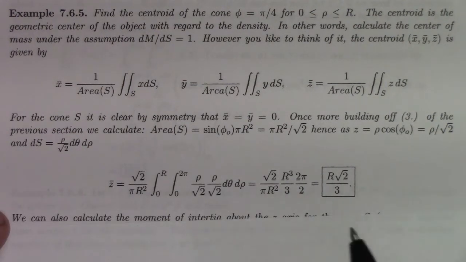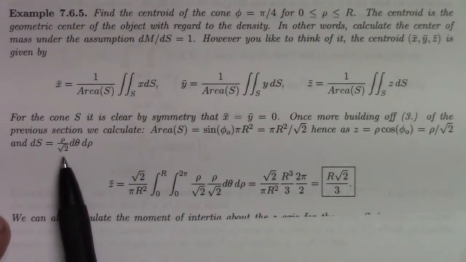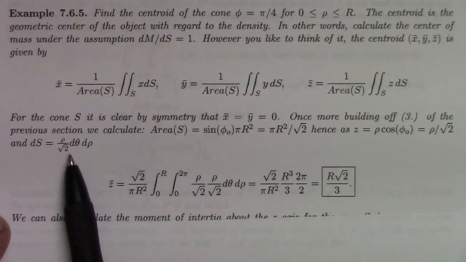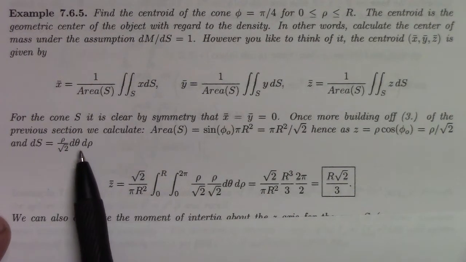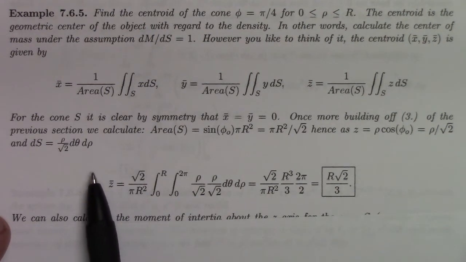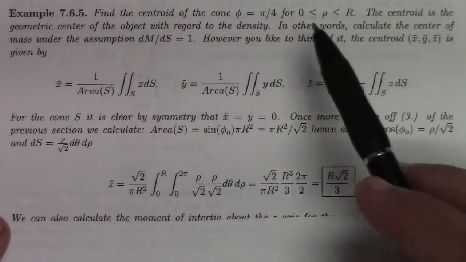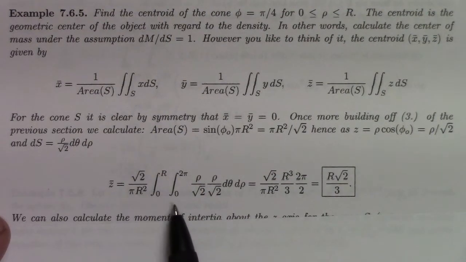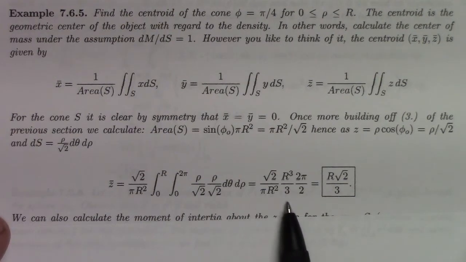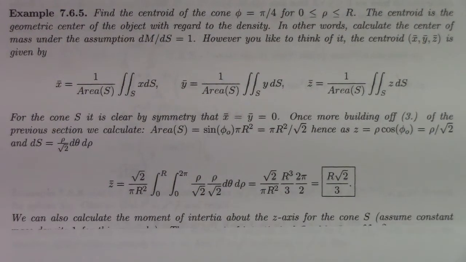I used that dS was rho sine phi naught d theta d rho, and sine of pi over 4 is 1 over root 2. And so we get this calculation right here, and that's the place where the centroid of the cone is.